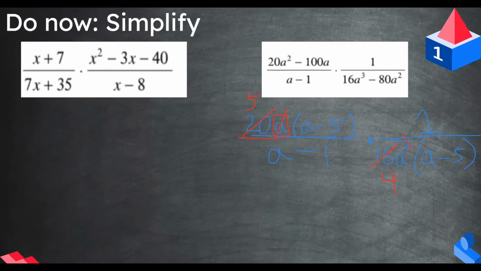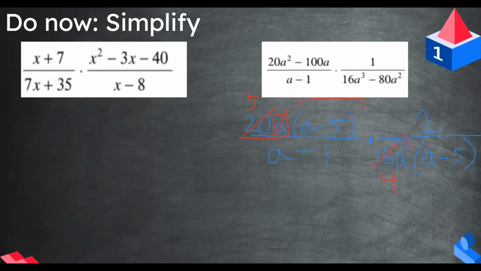Now let's look for like expressions, okay? If you are trying to find a common factor of a binomial, you should look for another binomial, okay? So a minus 5, do you guys see any other a minus 5 at any other places of this expression other than where it was found?